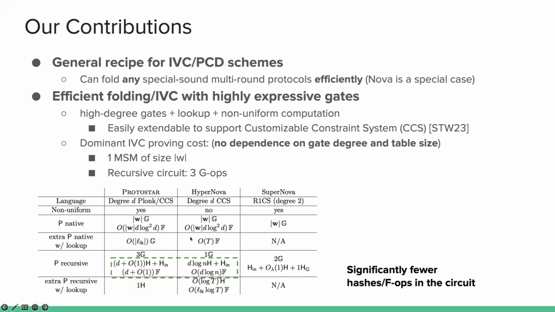On the other hand, in the recursive circuits, in terms of the number of hashes and non-native operations, we have a factor of log n smaller compared to HyperNova. So when the number of gates in the step function is large, Protostar can be really advantageous. Okay, so that's the background.